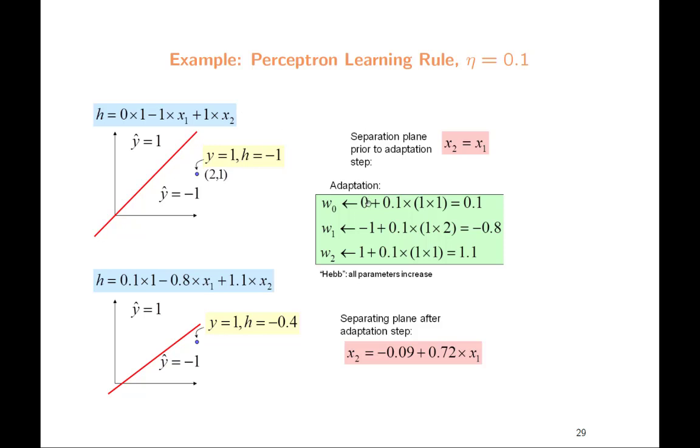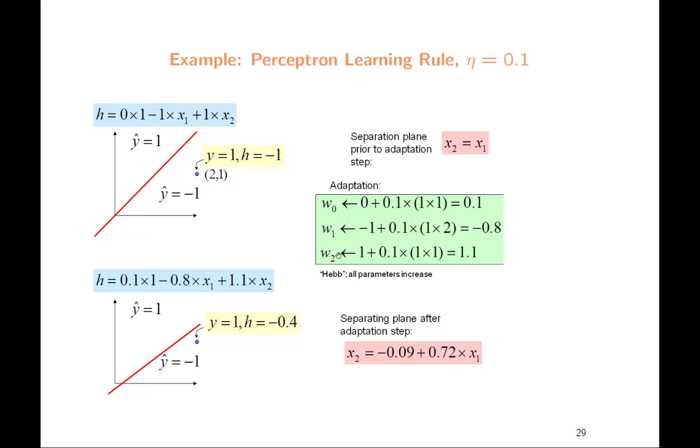So the 0 is the current value here, then plus learning rate times the output 1 times the input, which belongs to W0, the constant input, so it's also 1. So the new W0 will be 0.1. And then W1 was -1 plus eta times the input here, which is 2, and the target is 1, so here we get -0.8.